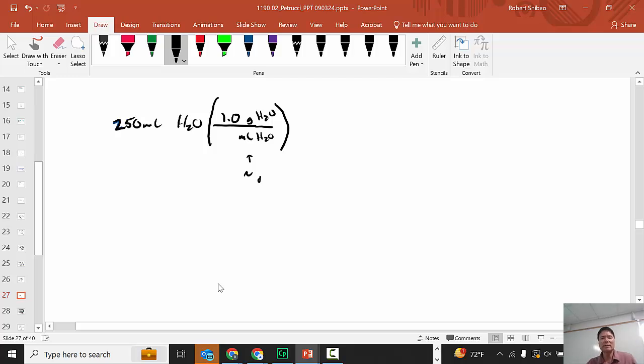This is the approximate density. So the milliliters of water cancel, and now we have grams of water.